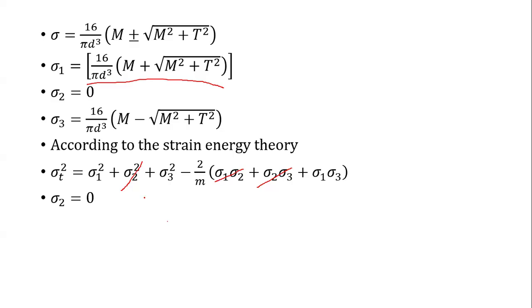And the expression hence has become what you're seeing here: stress 1 plus stress 3 squared minus 2 over m stress 1 stress 3. So our task now is to substitute here for stress 1 and there for stress 3.